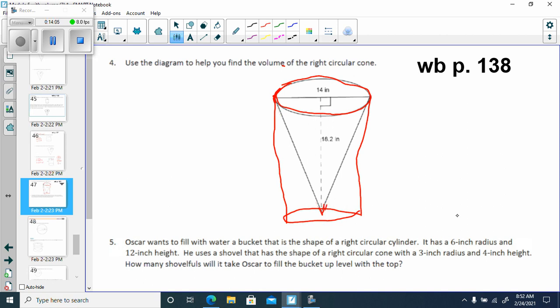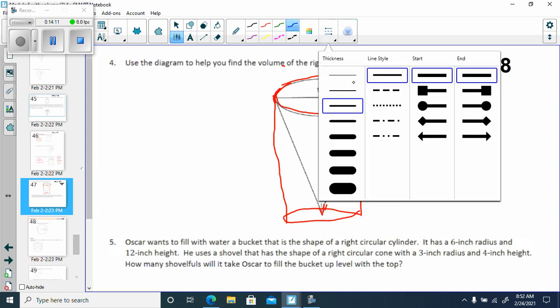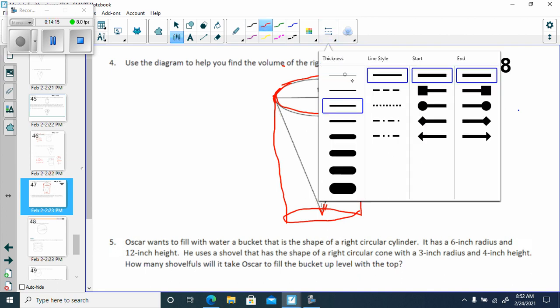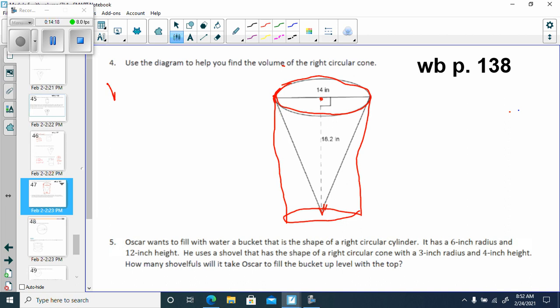All right. If we have this situation, first, let me write this. The volume of a cylinder is equal to pi radius squared height.